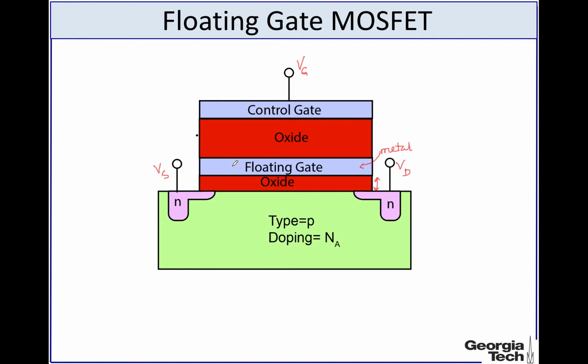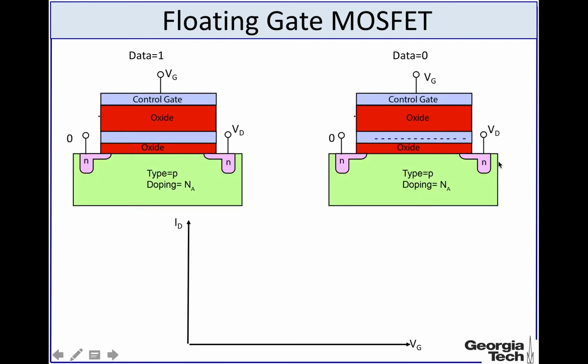On the other hand, if there are electrons in this floating gate, then this device holds a data that corresponds to 0. So data is 1 when there are no electrons in the floating gate, and data is 0 if there are electrons in the floating gate.